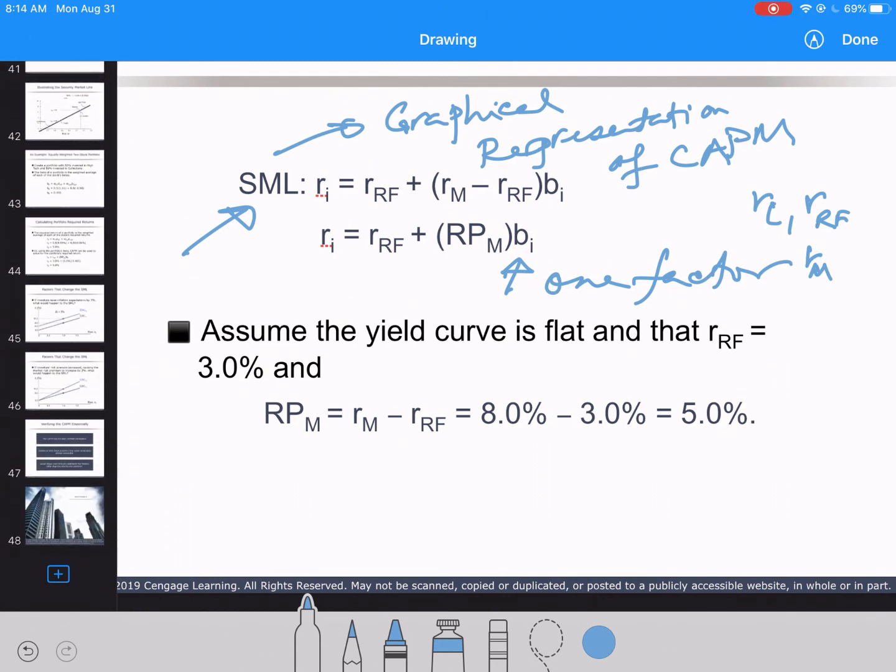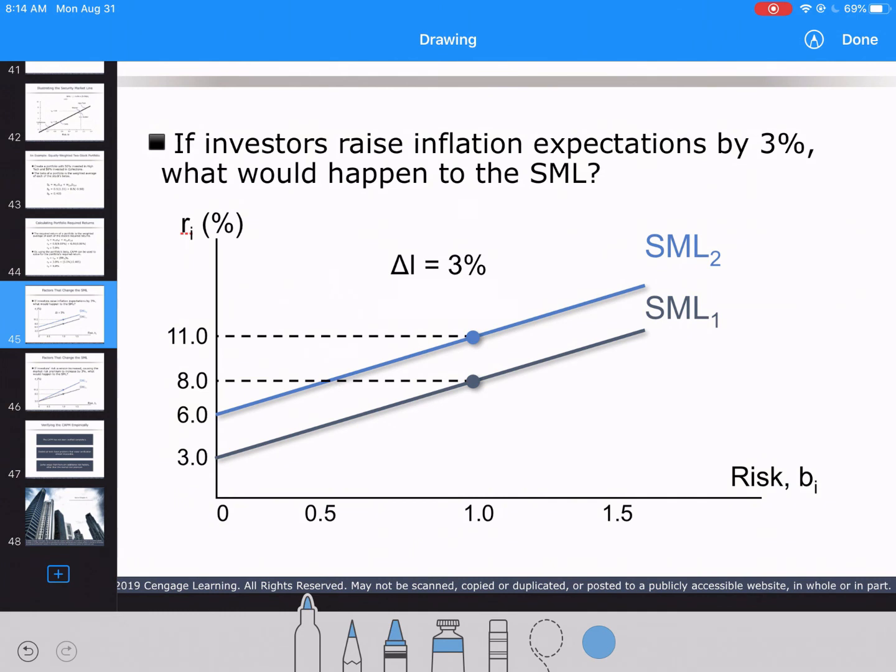So let's say I go to a simple CAPM model, and we have one SML, SML1, and assume there is an expected inflation. What I'm trying to prove is that CAPM is very strong.